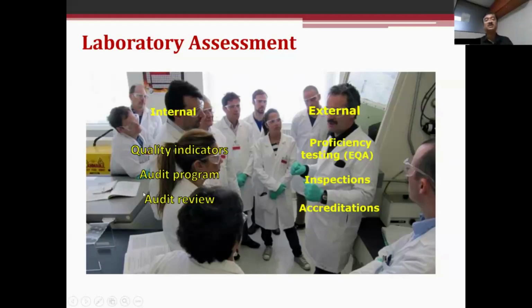Now, when an external person is judging you, the areas of proficiency testing or EQAS, where you compare yourself with others, can give you a right idea where exactly you stand. You may ask for inspections, and moreover, for your laboratory, you can go for accreditation. When you go for accreditation, automatically you have to improve the quality of your laboratory.